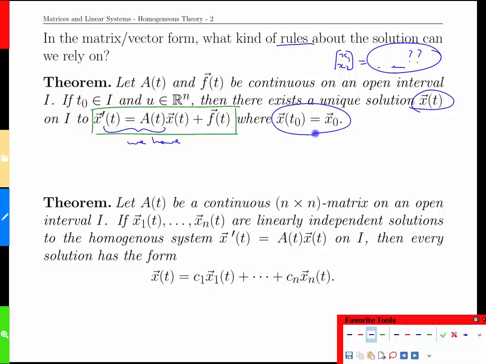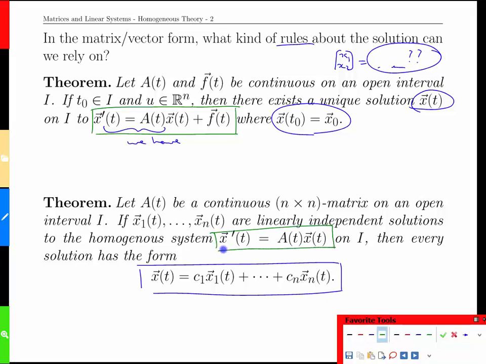I think you'll find this part down here a little more familiar though. If all that other stuff is set aside, and we look at the very specific case without the f of t, so again, this is what we have, then the solution we get is going to be some linear combination of, well, how many functions do we have?